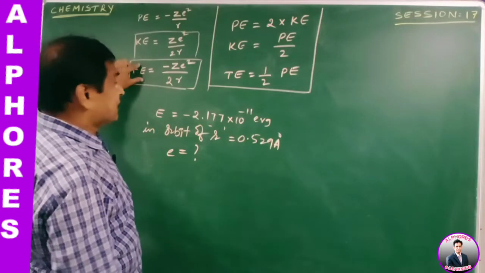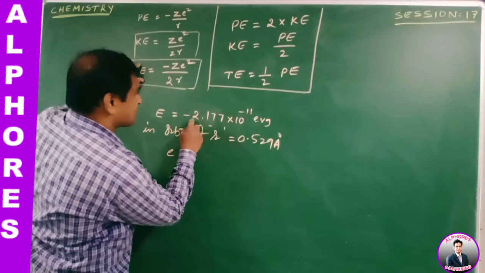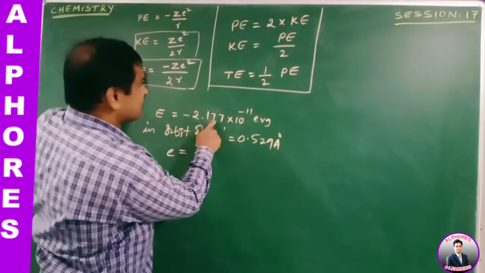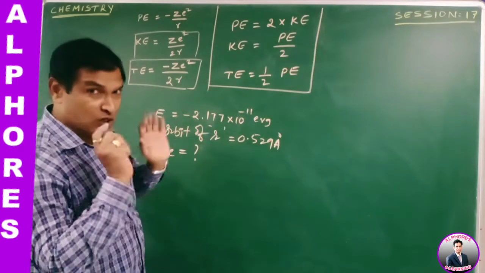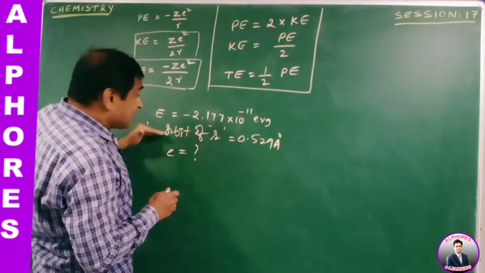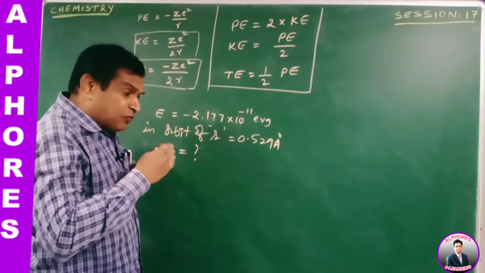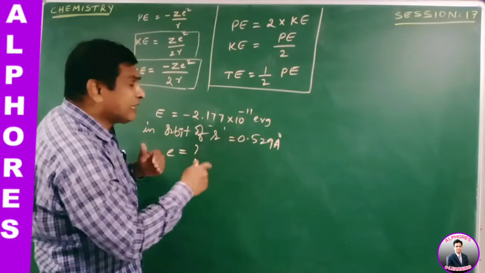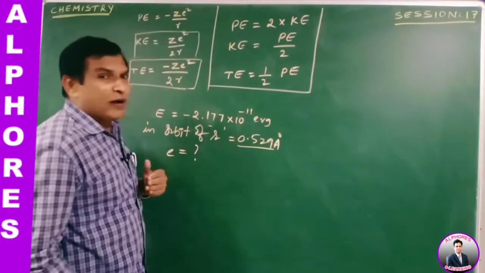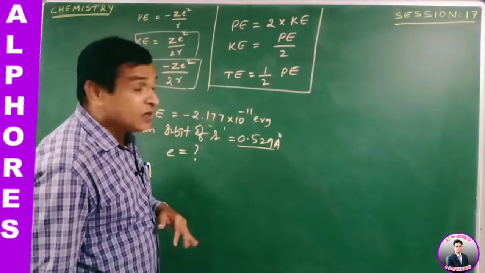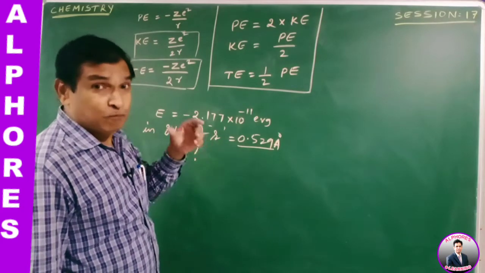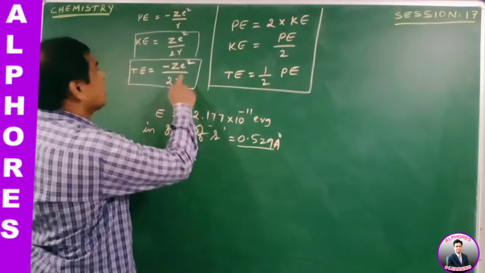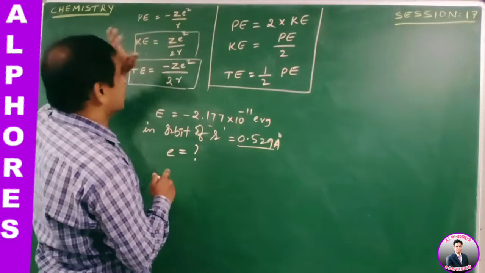The energy of an electron is minus 2.177 into 10 to the power minus 11 ergs, that is the energy of the electron in the orbit. And in the orbit of radius, that means from what distance from the nucleus? It is 0.529 angstroms. Then what would be the charge on that electron? That is the question. You have to calculate the charge on that electron.